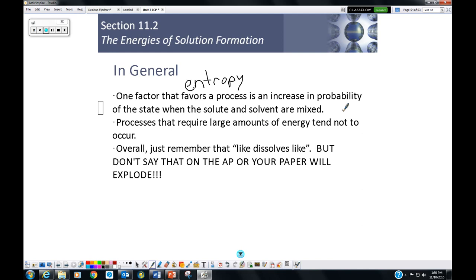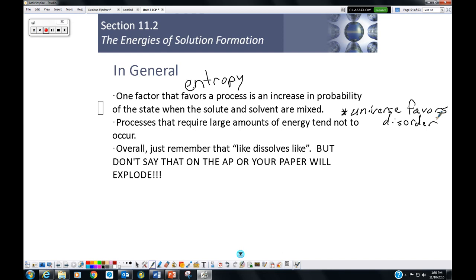So I just put a note here in between this that the universe favors disorder. All right. So another way to think about this, or another statement, is that processes that require large amounts of energy tend not to occur.